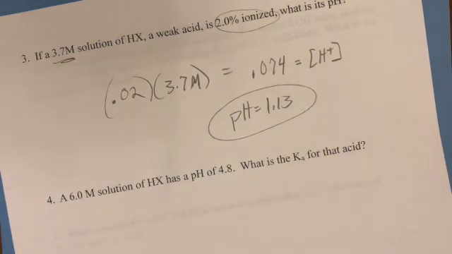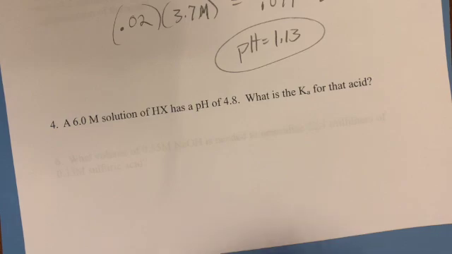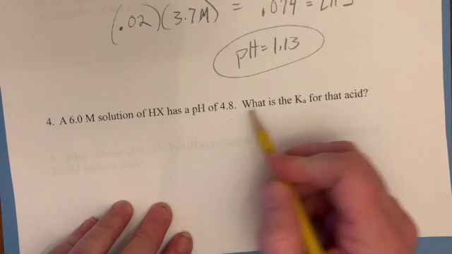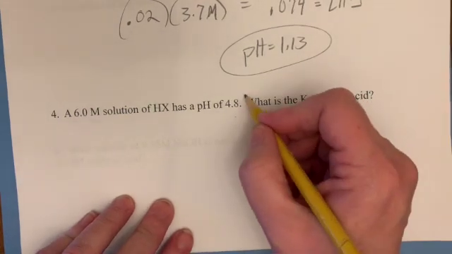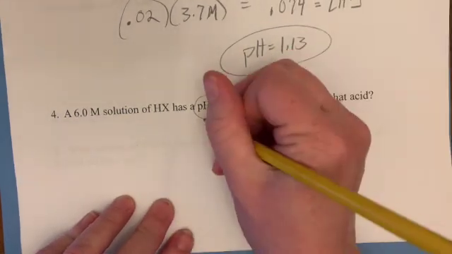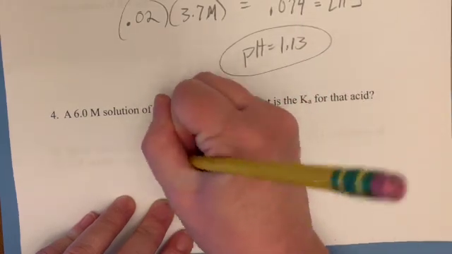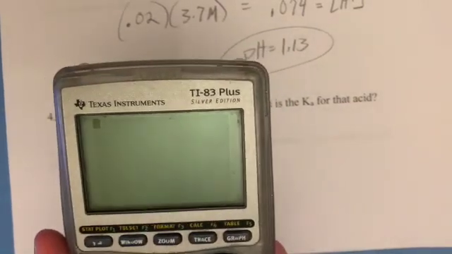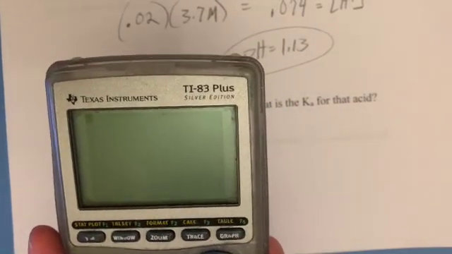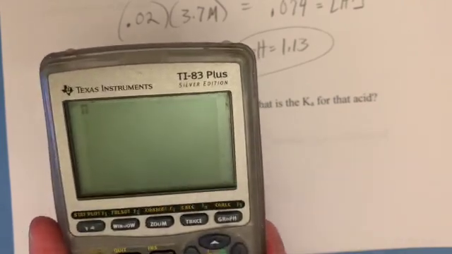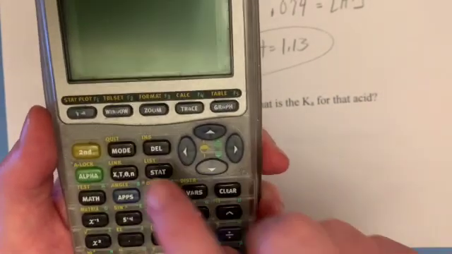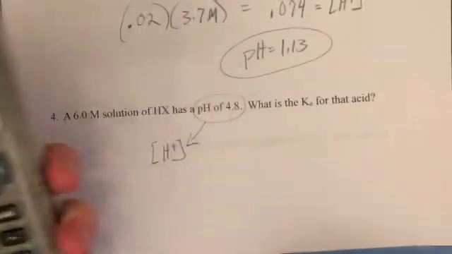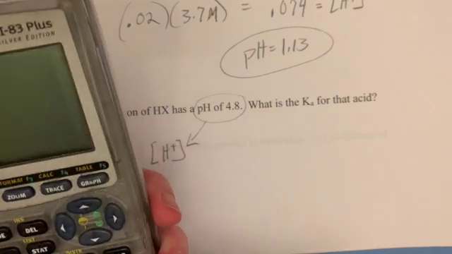Let's go ahead and take a look at our next problem. A 6 molar solution of HX has a pH of 4.8. What is the Ka for that acid? Well, I gave you the pH. If you know pH, you can find hydrogen ion. Again, I want to go over in your calculator how to do this. You're simply going to press second, log, the negative of whatever your pH is, which is 4.8.